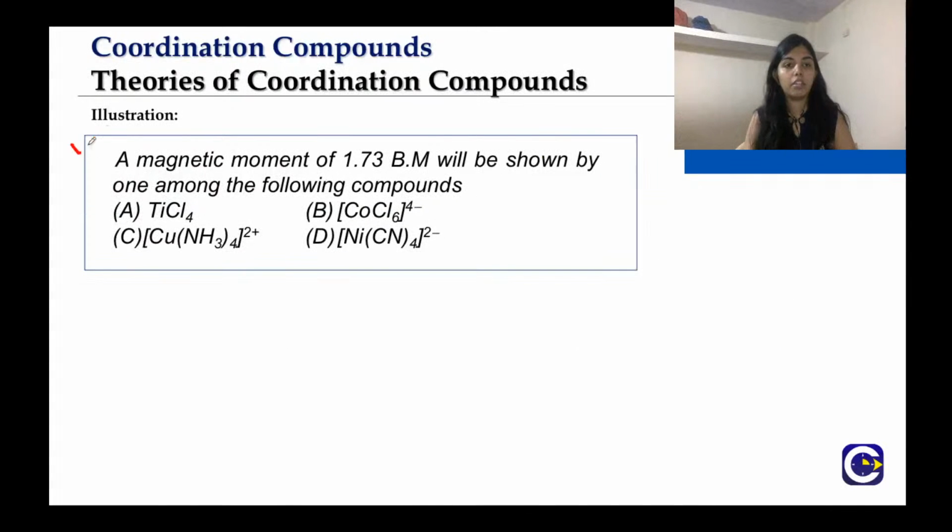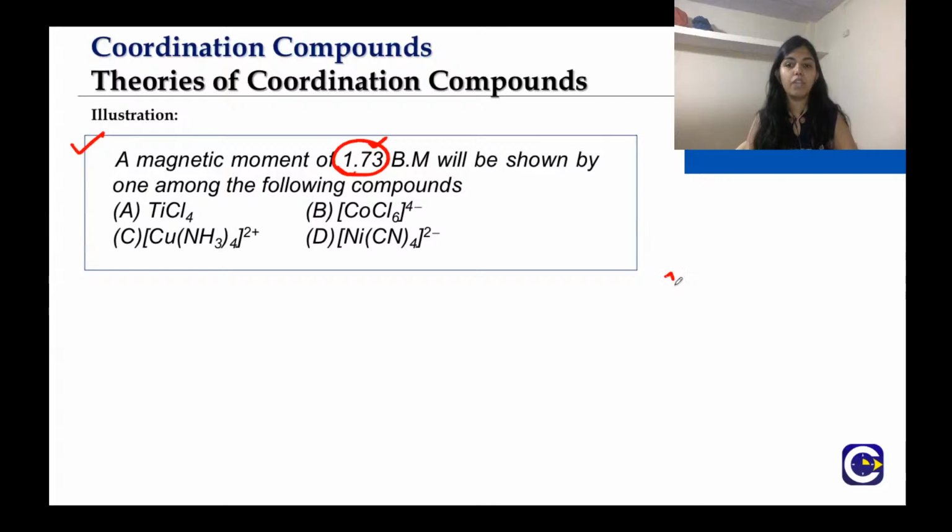Now this question is the last question for VBT, I guess. A magnetic moment of 1.73 Bohr magneton will be shown by one among the following compounds. You have to tell me which complex will have a magnetic moment of 1.73.